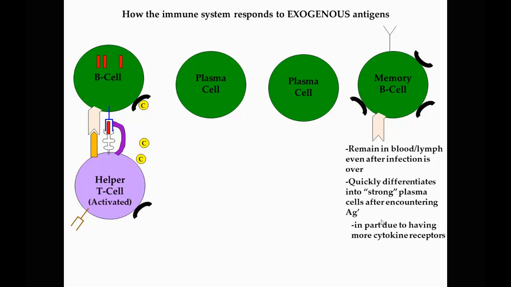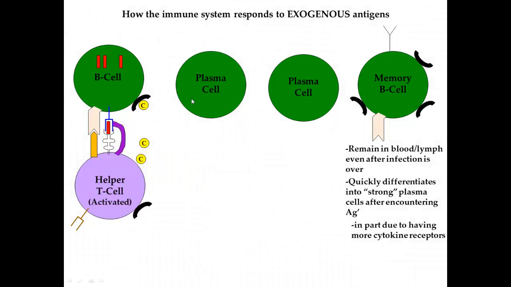Upon receiving these chemical messages, they're not only able to differentiate into plasma cells more quickly, but they can also more effectively home to the site of infection. So all of these characteristics are what makes these memory B cells such potent killing machines.